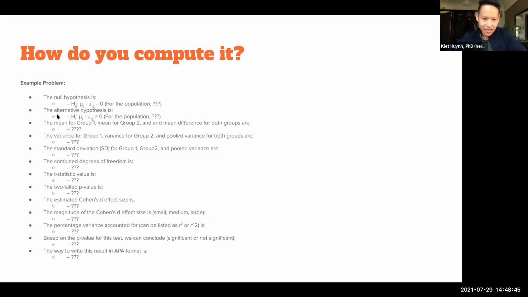What is the null hypothesis, the alternative hypothesis, the mean for group 1, mean for group 2, the mean for both groups, the variance for group 1, variance for group 2, the pooled variance for both groups, the standard deviation for group 1, for group 2, and pooled, the combined degrees of freedom, the t-statistic, the two-tailed p-value, the estimated Cohen's d effect size, the magnitude of that effect size, the percentage of variance accounted for, which will be listed as R hat squared, which is R squared, and whether the p-value is significant or not, and then write up the results in APA format.